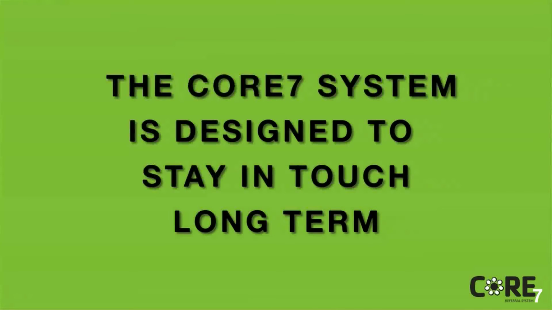People may not be buying right away, but the key to the Core 7 system is it's designed to stay in touch long term. So by saying this, if they don't have a realtor relationship, the introduction can be made and contact can be made over time so that when that need presents itself, they're there to take the ball and run with it.